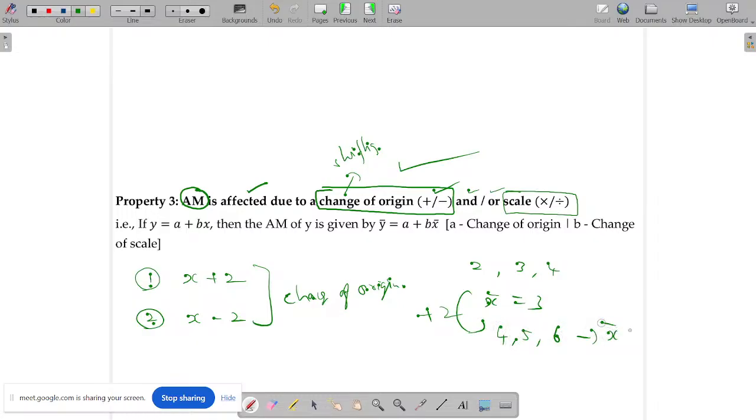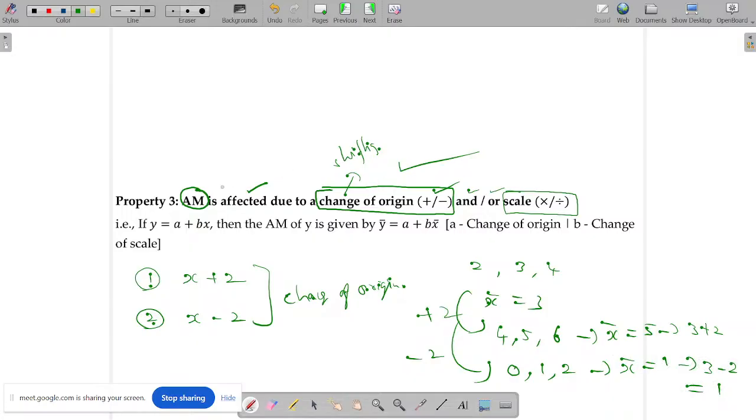What is x bar? 5. It's nothing but 3 plus 2. In case I subtract, what are my values? 0, 1 and 2. What will be my x bar? How can I write this?